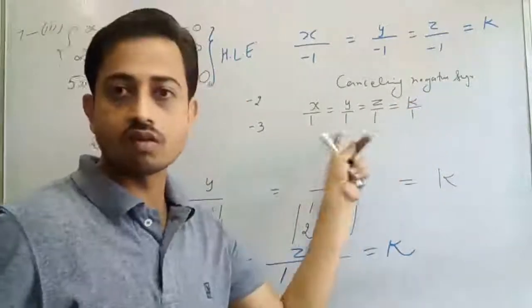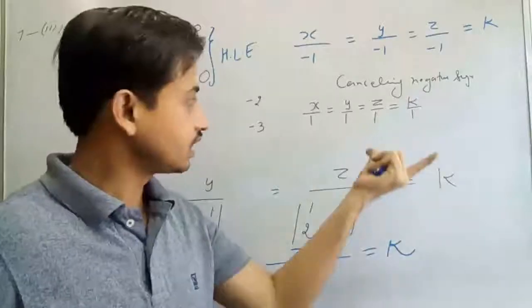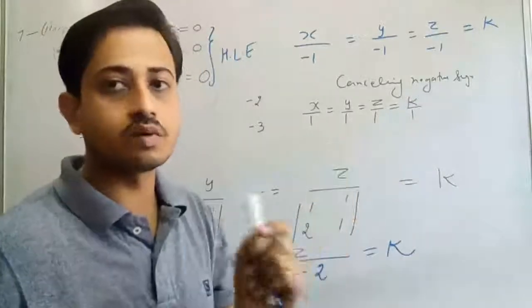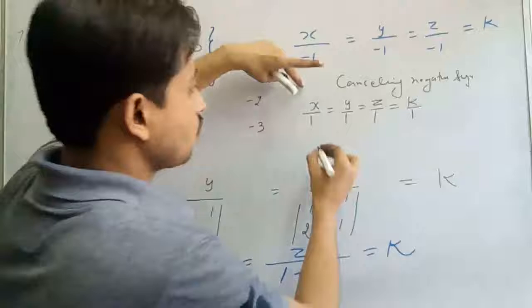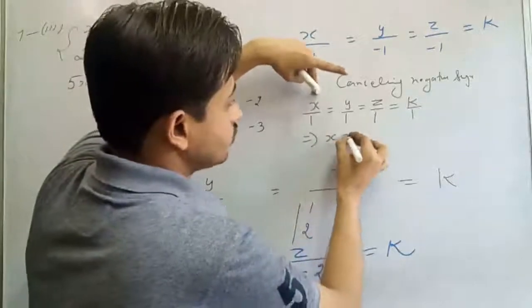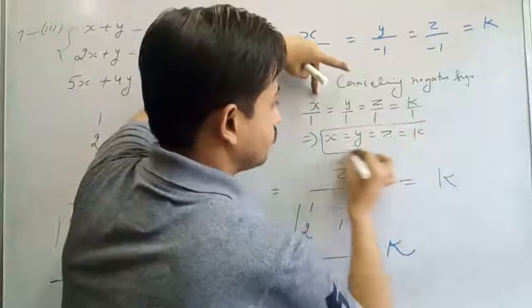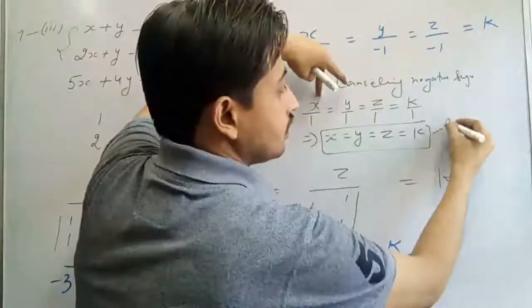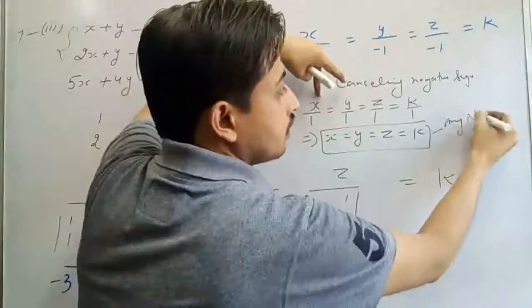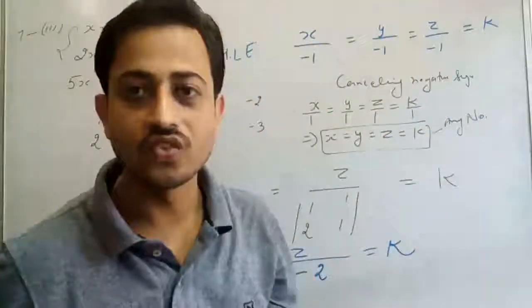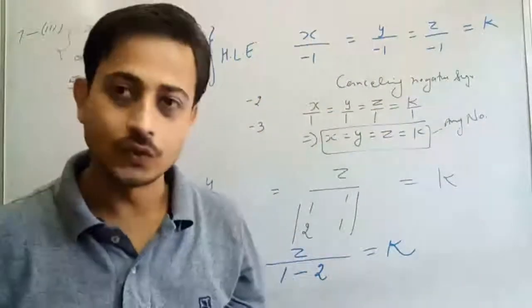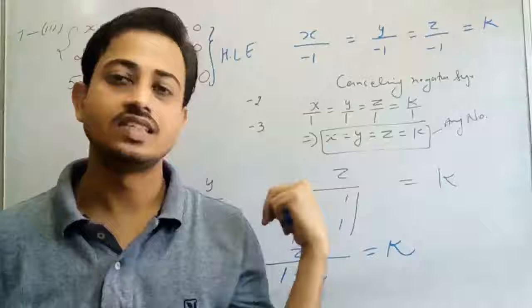All are 1, 1, 1. So you can ignore this, because any number divided by 1, we get the same number. So it implies x is equal to y is equal to z is equal to k. And k is any number. So we get infinite solutions. I hope you understand this concept.